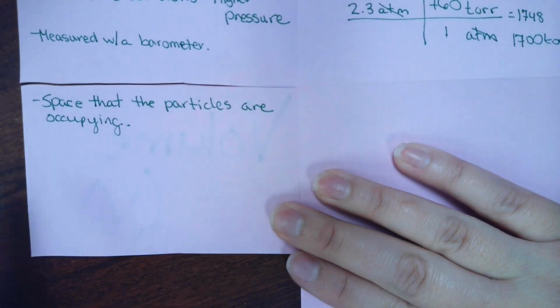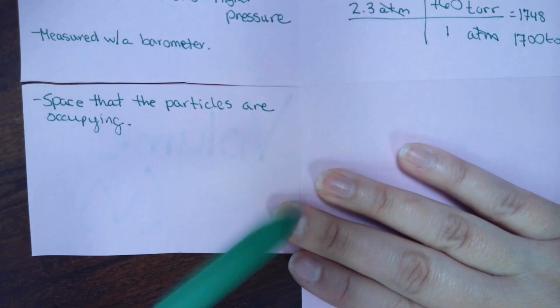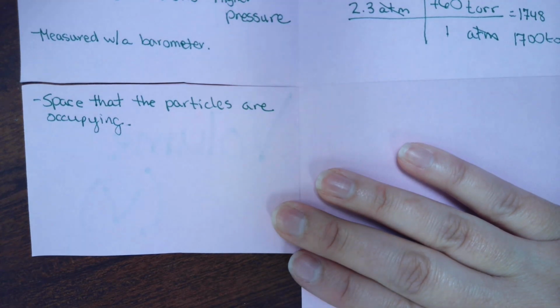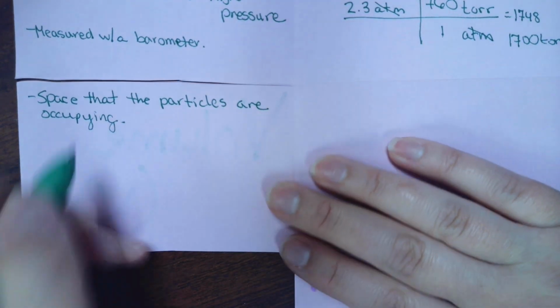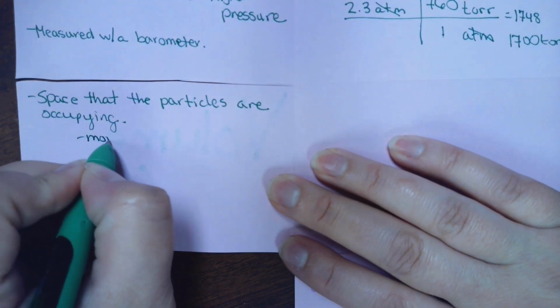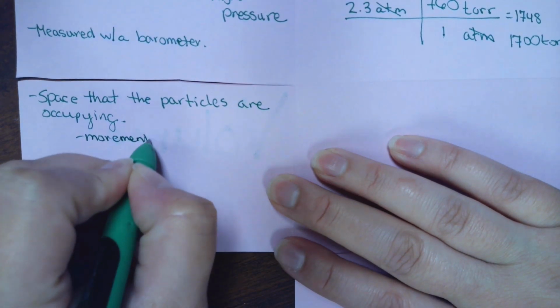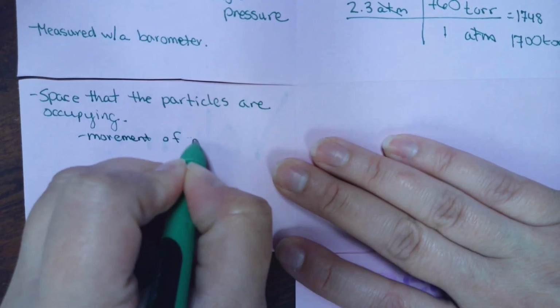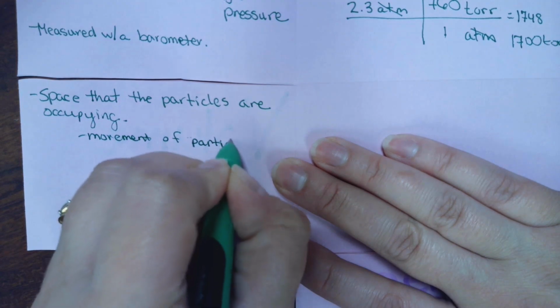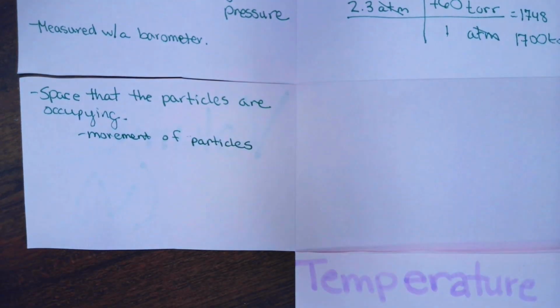All right, so we assume that the particles themselves don't take up space, but that they are creating a space needed by their movement. So this is based on the movement of the particles.